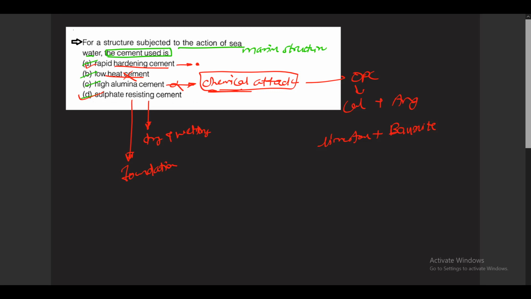In that case the percentage of C3A is limited to 5%, and similarly for C4AF, that is tetracalcium aluminoferrite. So this is about the last question, the structure subjected to the action of seawater.